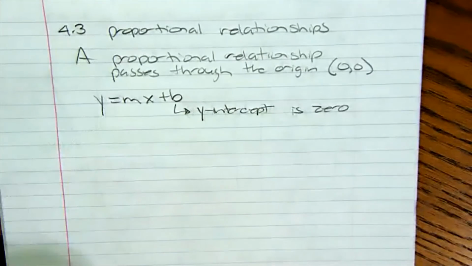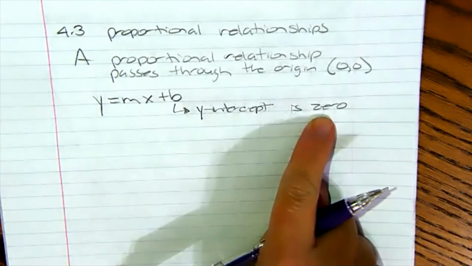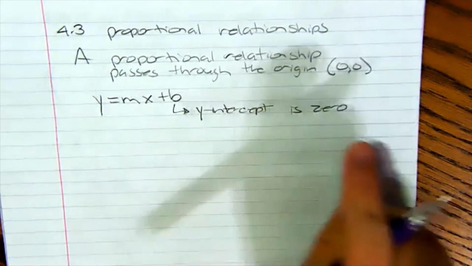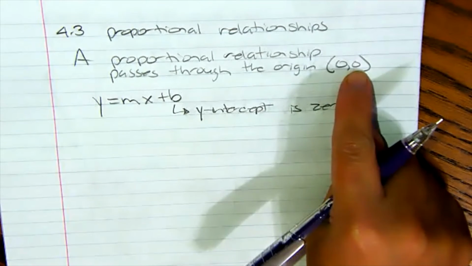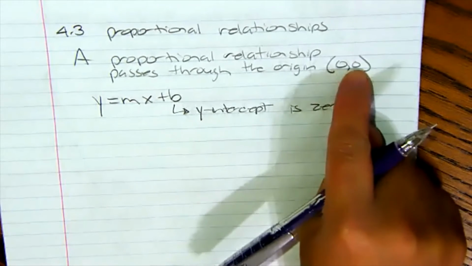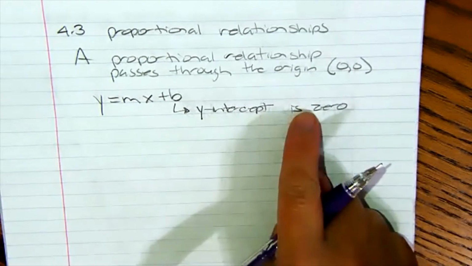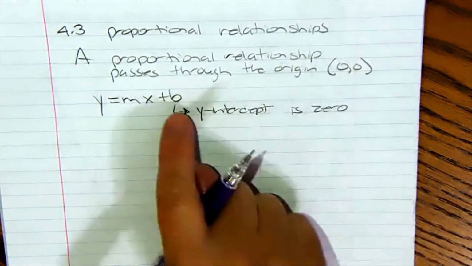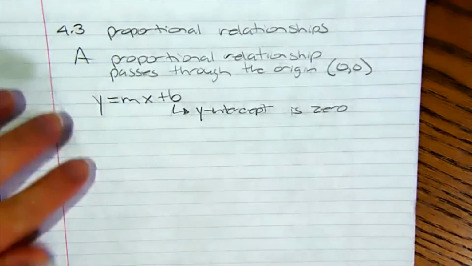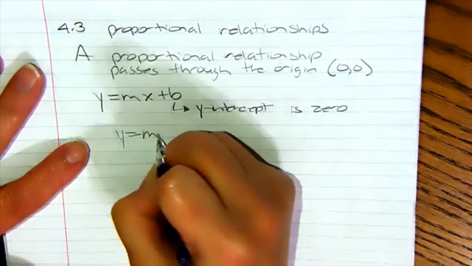In proportional relationships, our y-intercept is 0 because it's passing through the origin 0, 0. So it crosses our y-axis at 0. So when x is 0, y is 0. So our y-intercept is 0. When it crosses our y-axis, it's 0. So b is 0. So proportional relationships can be written as y equals mx.